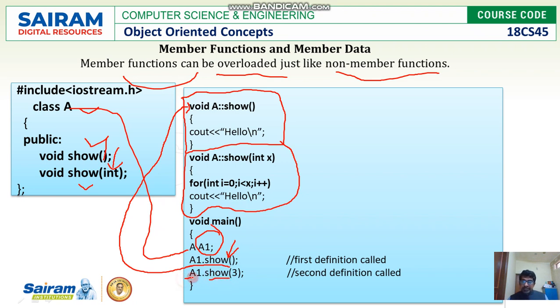I use the same object, but I use a parameter. So obviously, based on the signature, it has to select the second function. For the first one, the first definition is called; for the second one, the second definition is called. Is it clear?